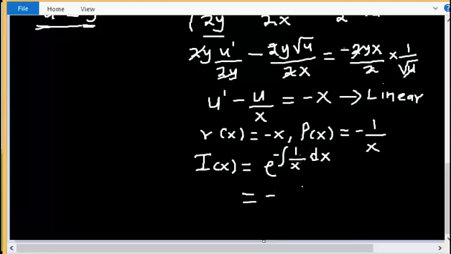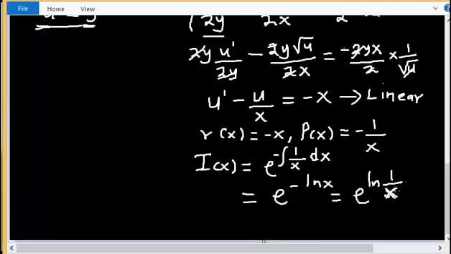Of course, if you evaluate the integral of 1 over x, that's ln x. That's going to be minus ln x. And you should know very well, by virtue of a law of logarithm, this is the exponent of ln of 1 all over the reciprocal of x.